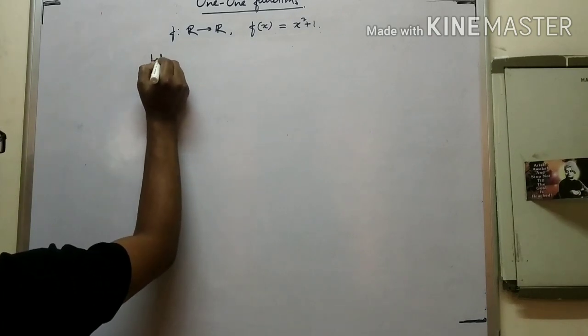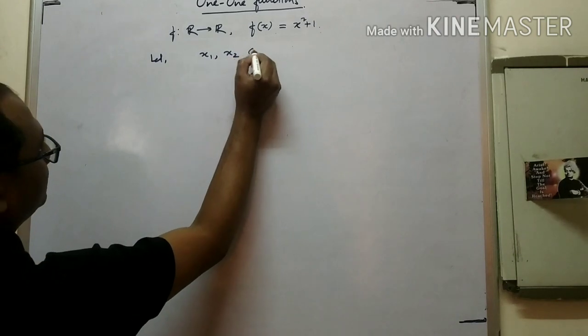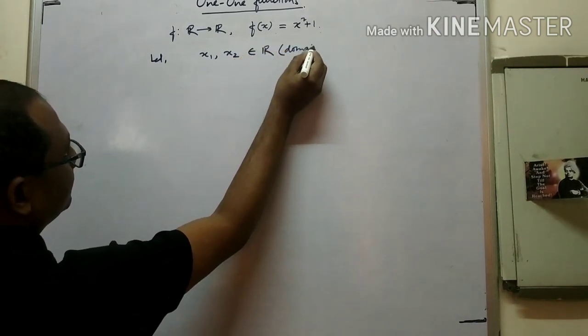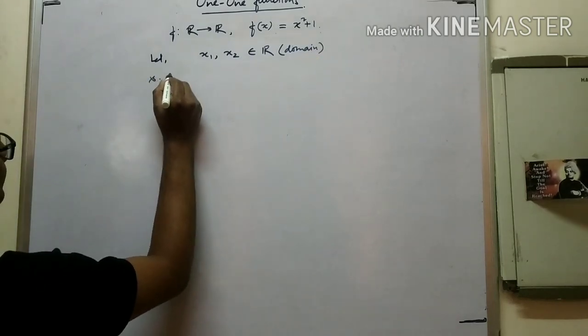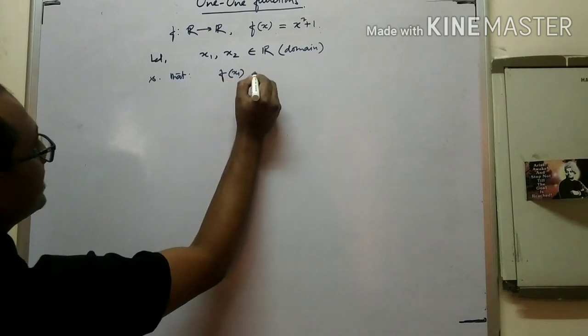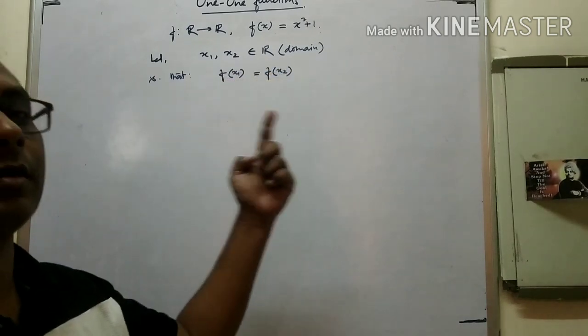So let x1, x2 be two members in the domain such that f(x1) is equal to f(x2). You can go for f(x1) is not equal to f(x2) also.